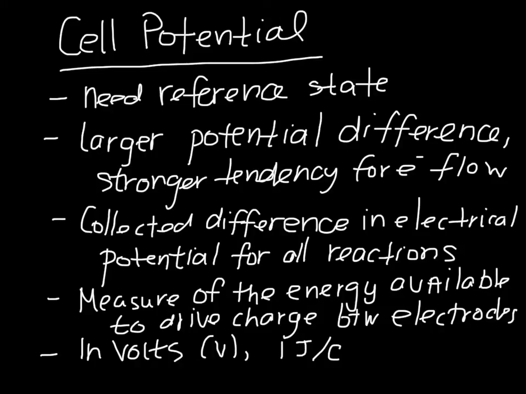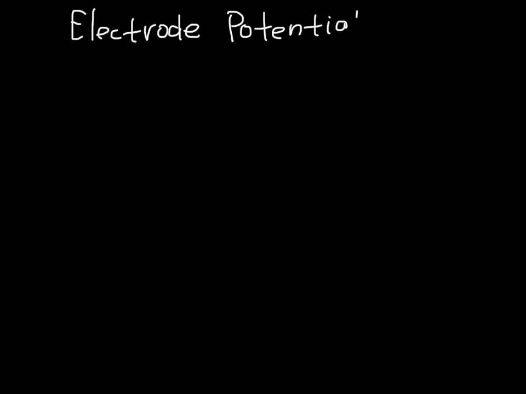So let's look then at the reference states that we use in order to measure the electrode potential for any particular half reaction. Remember, the electrodes are the anode and the cathode, and we want to know what the potential is at either of those.